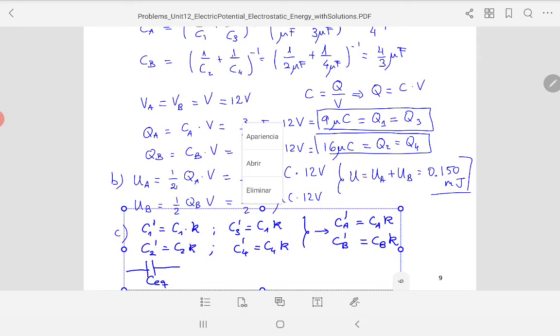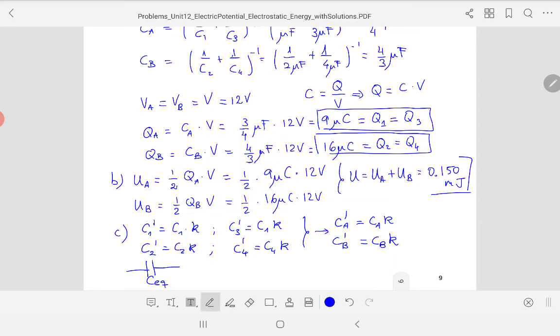So if we do this, the equivalent capacity is going to be the addition CA prime plus CB prime, and this provides you with, if you do the numbers, 50/12 microfarads. In this case, you can calculate the new energy stored, which is going to be 1/2 of this equivalent capacity times V, which provides you with 0.300 microjoules. Okay, this is just double the original energy stored.